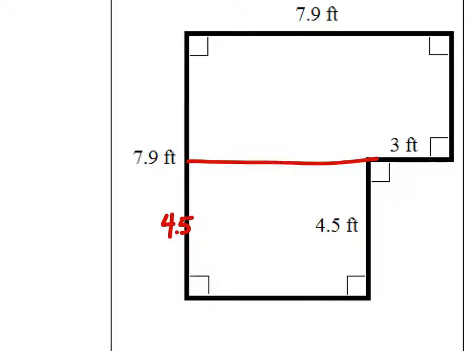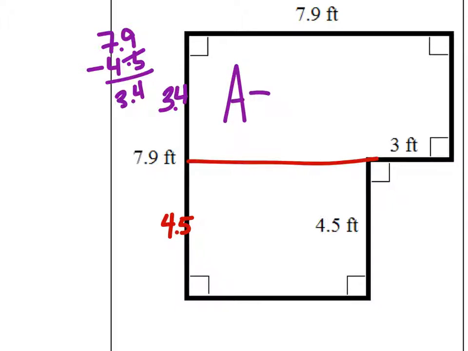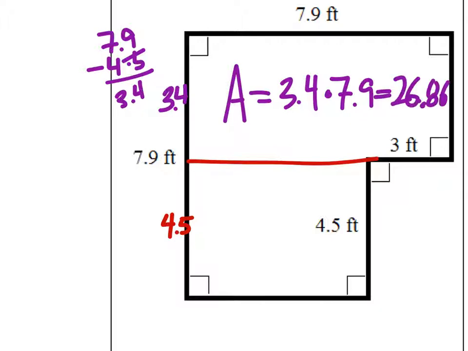So the other length would be 7.9 minus the 4.5. So that would be 3.4. So this length is 3.4 right here. We will need that value to find the area of this big one right here, which would be 3.4 times 7.9. So that gives us 26.86 units squared.